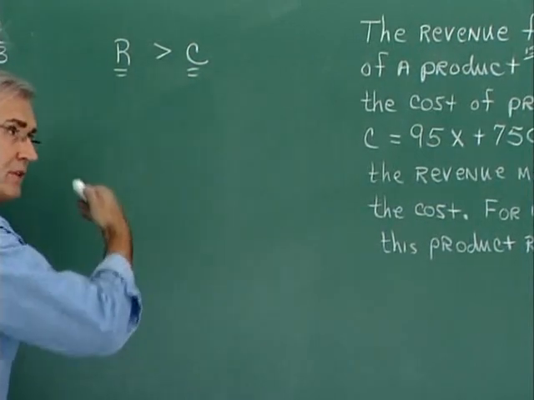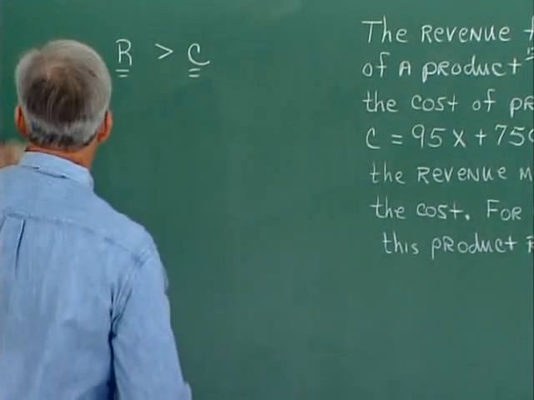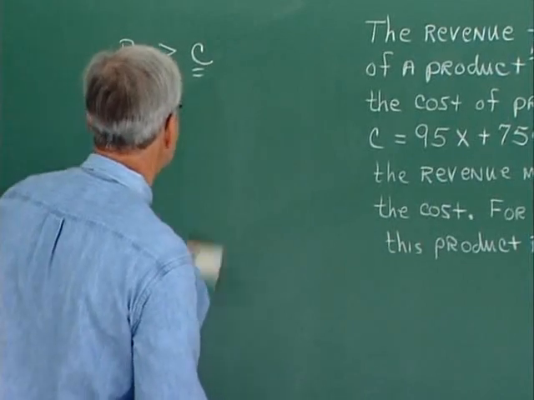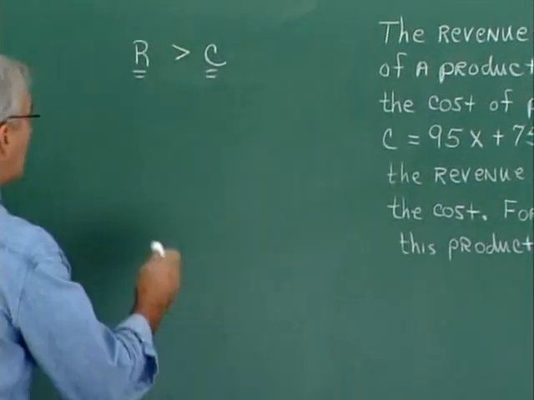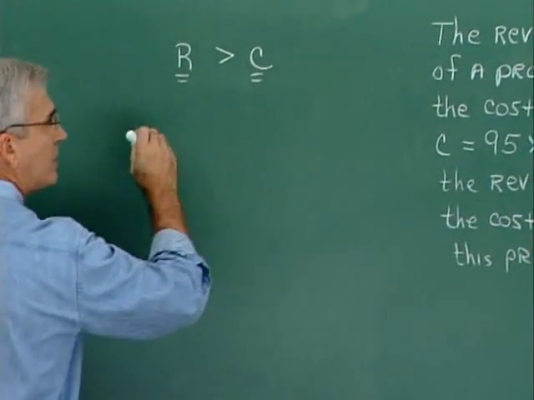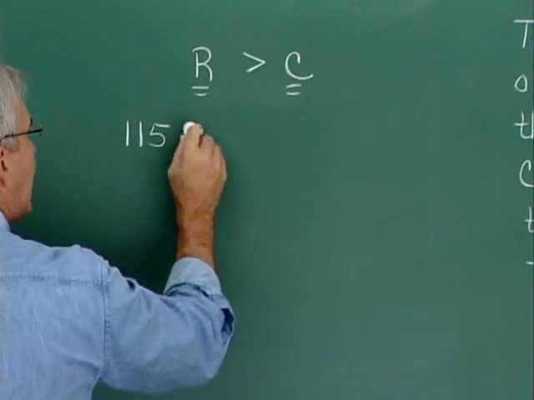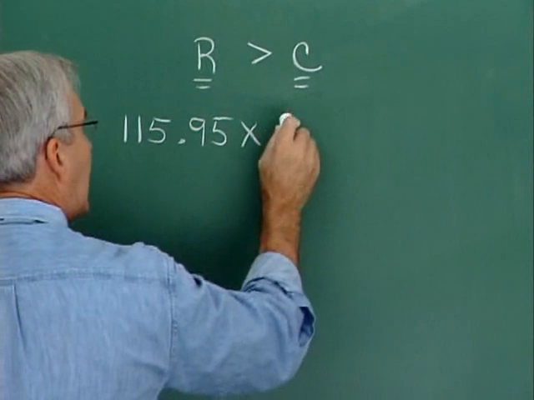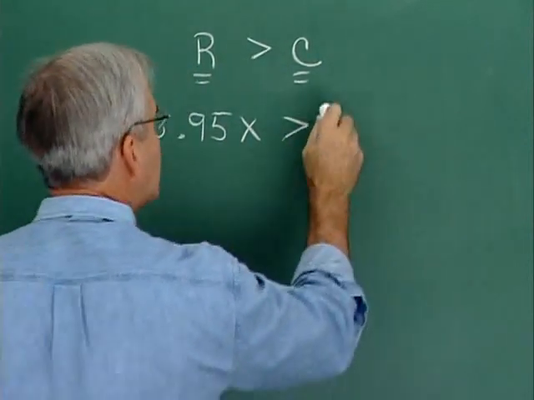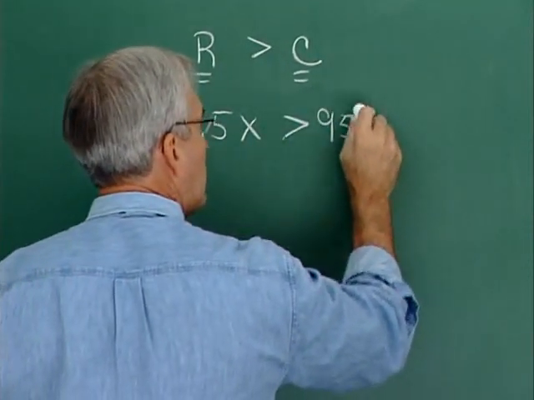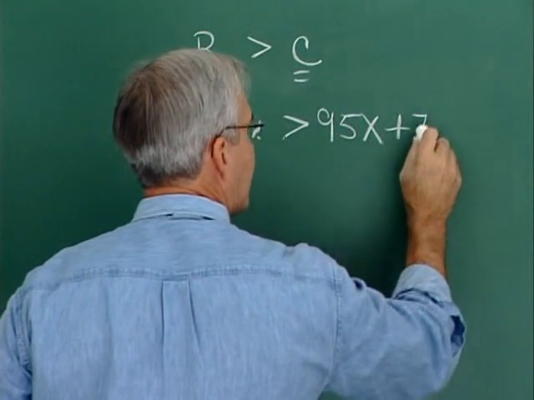Let's just replace those expressions in here and then solve the resulting inequality. So the revenue expression is 115.95x, and the cost expression is 95x plus 750.